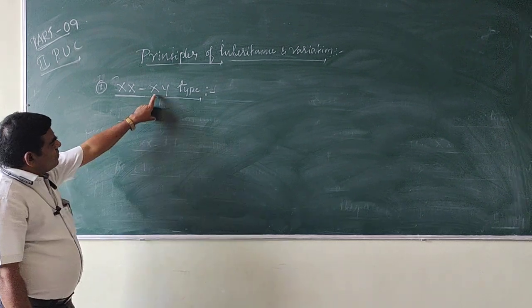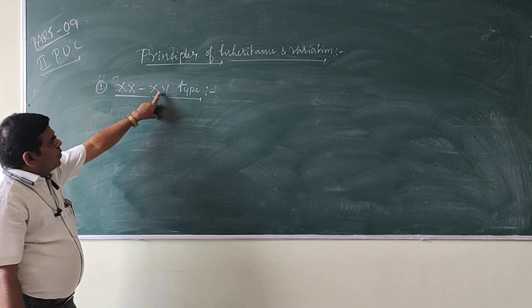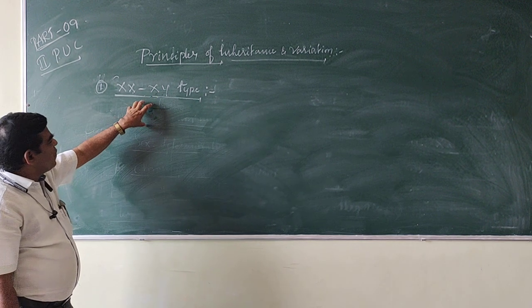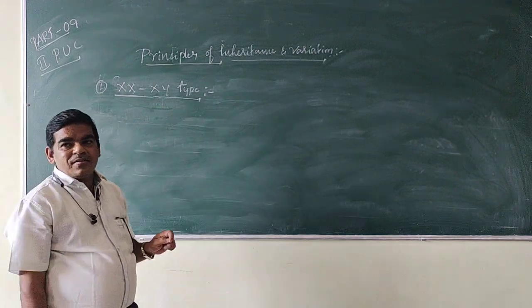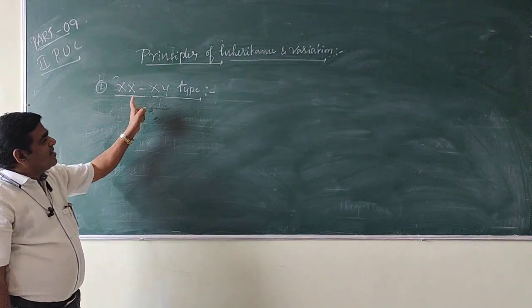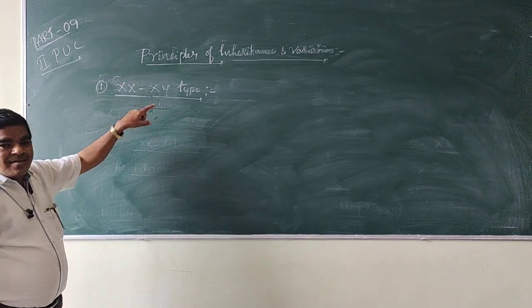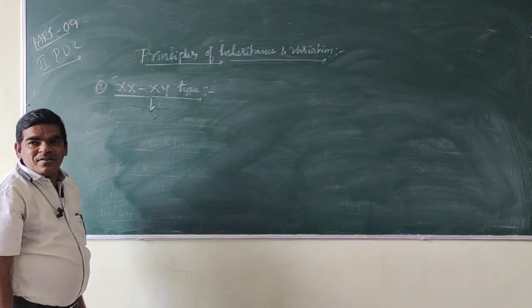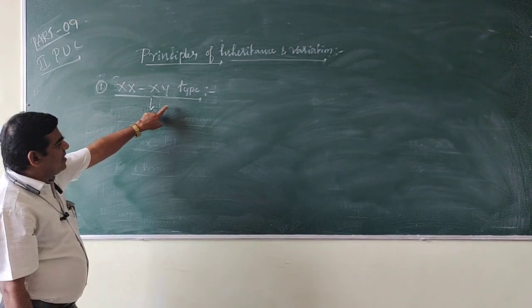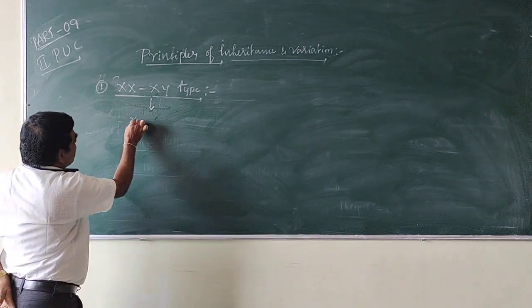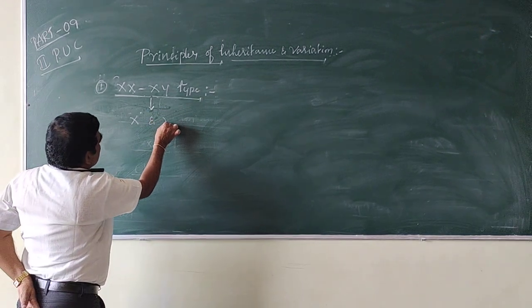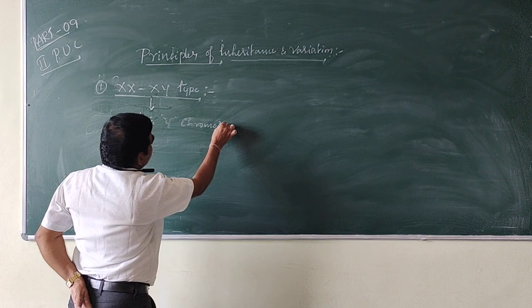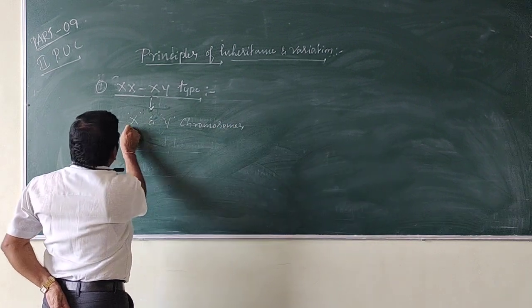See, here there are two chromosomes, X and Y, dissimilar chromosomes. This type of sex determination is determined by the presence of X and Y chromosomes.